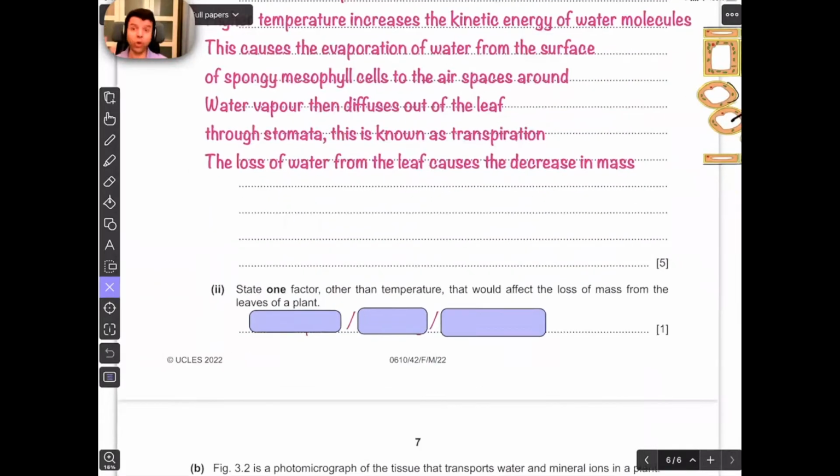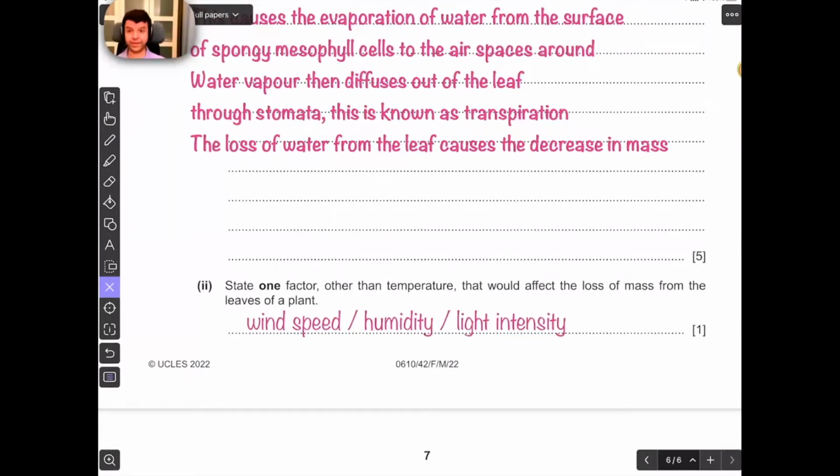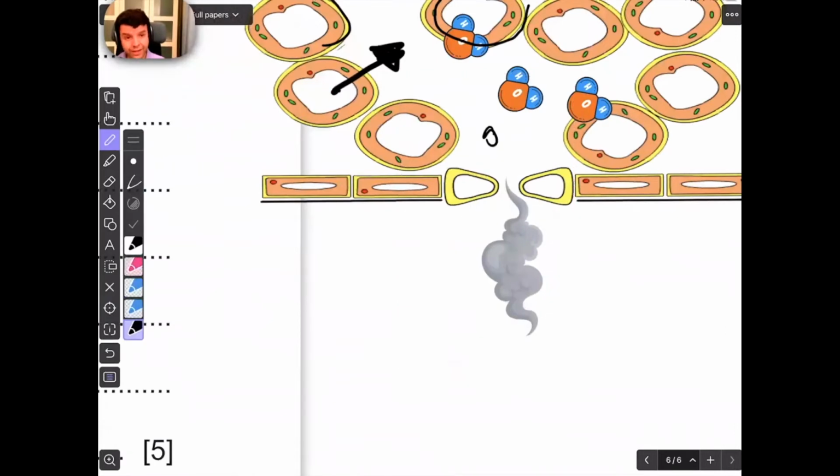Humidity is the only factor that would slow down the rate of transpiration. So we say wind, humidity, and light intensity. Why does light have to do with transpiration? Because it would open those stomata. The guard cells would only open the stomata if it's bright light.